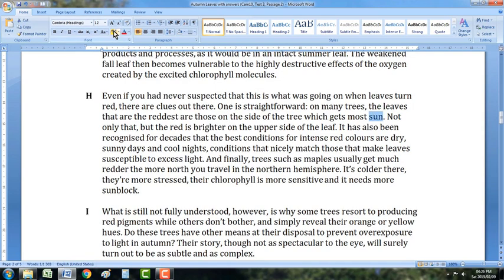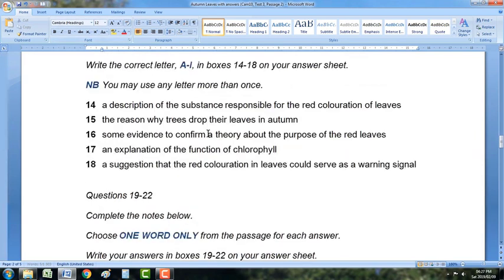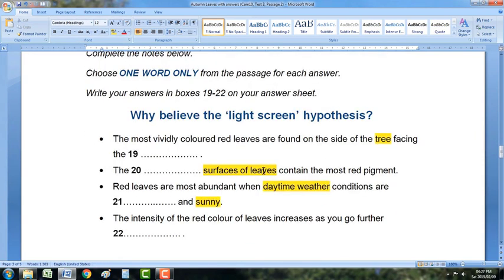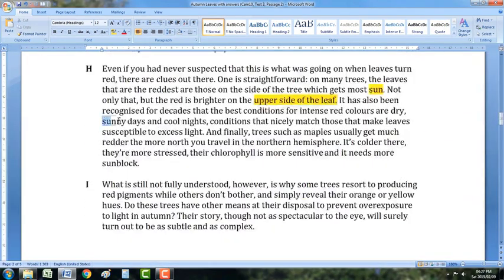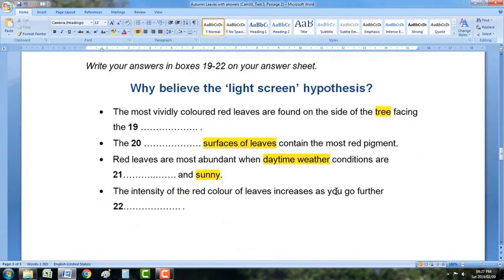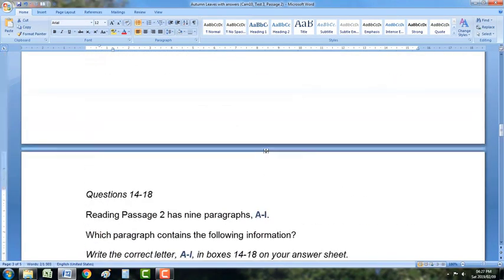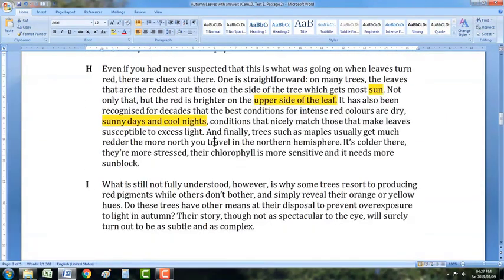And there is sun. Side of the leaf, which is the surface, upper side of the leaf, surface of the leaf. Daytime weather and sunny. There is something about daytime. So, maybe go further. Is there anything about go further? There. Travel is go further.